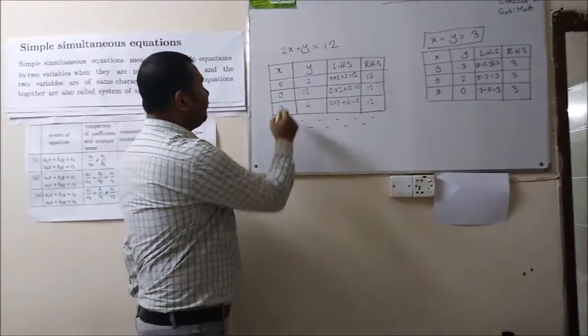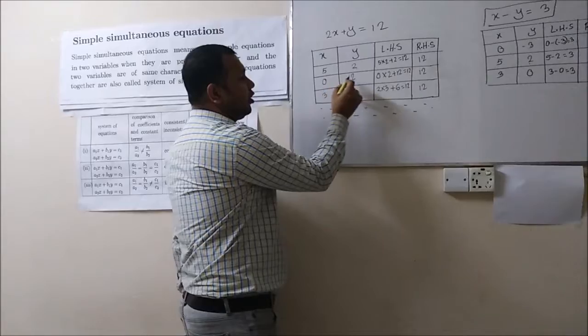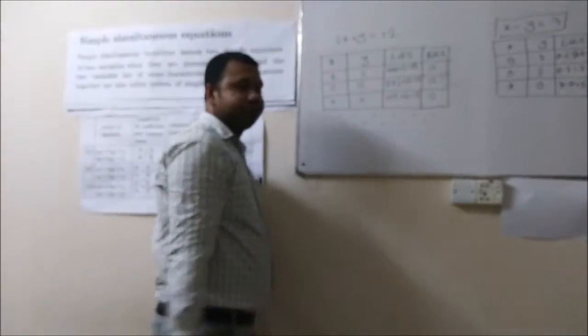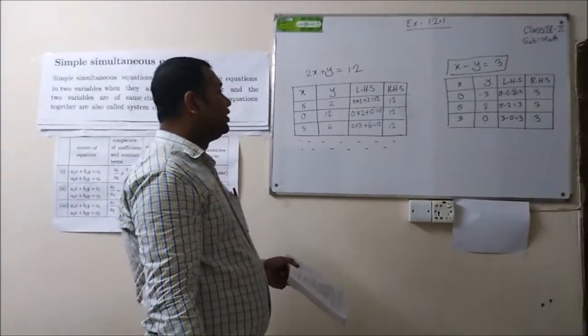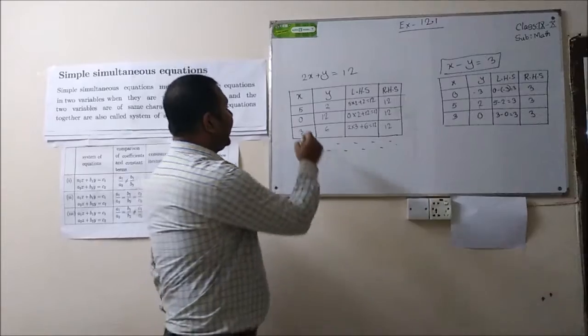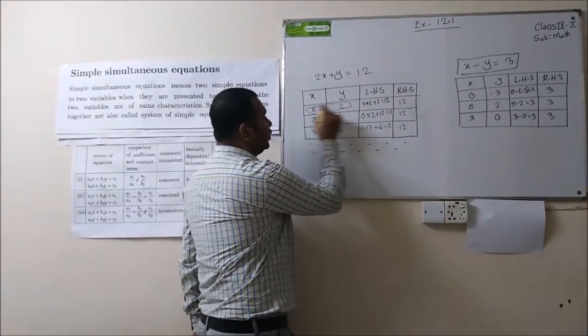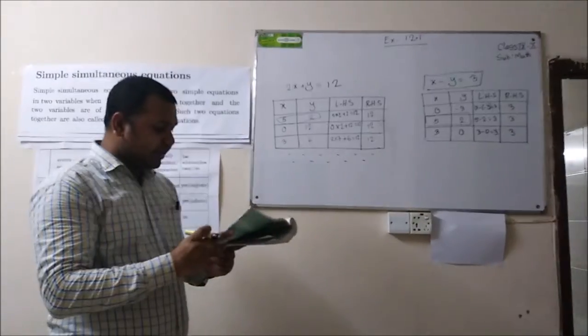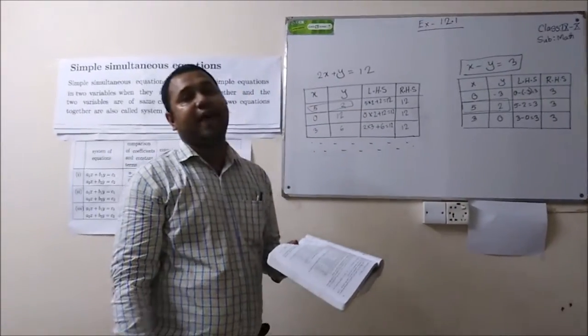And similarly for 5 comma 2, 0 comma 12, 3 comma 6, this equation is also satisfied. But if you look at both equations, you will see 5 comma 2 is common. So for these two equations there is a common solution, that is 5 comma 2.